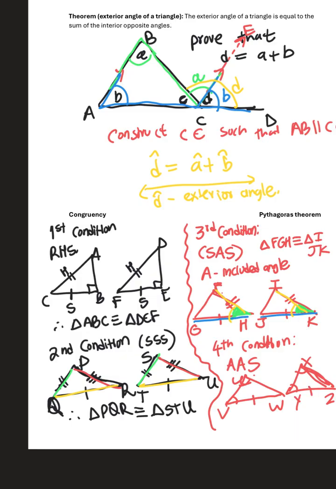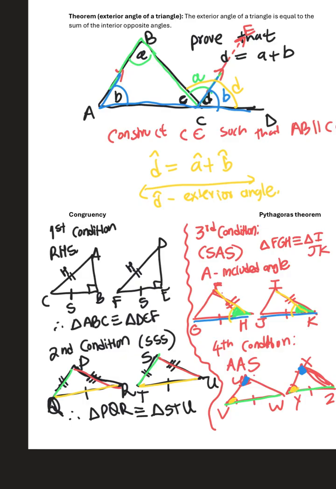Because this side equals that side, they must not only be equal, they must also correspond. This is very important. Correspond means they must be at the same position, and the angles must also correspond relative to those sides in both triangles. This angle equals this angle, and this angle equals this angle.